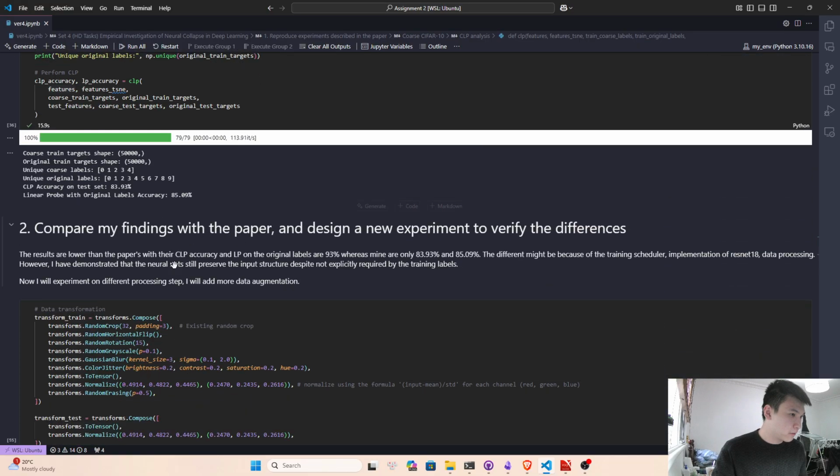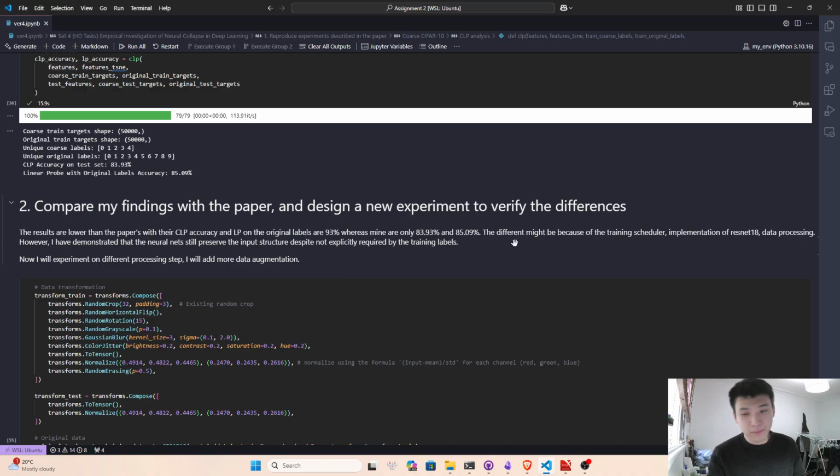And what I found is that mine is a bit lower than the paper's. The paper got 93%, whereas mine is only 83 and 85. So there might be a difference in how we train, the learning rate scheduler, the model, the data processing step. Many things are different, though I tried to be as close as possible.